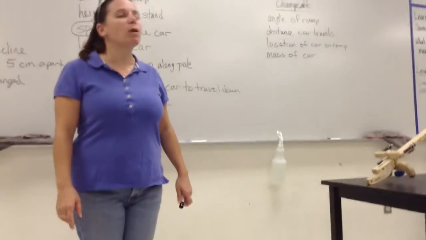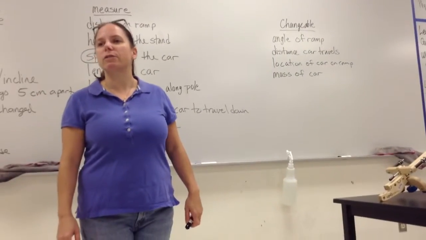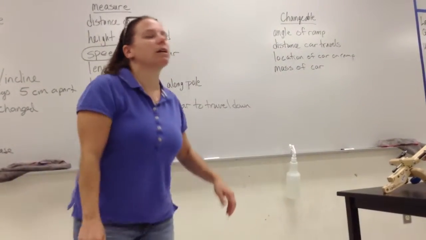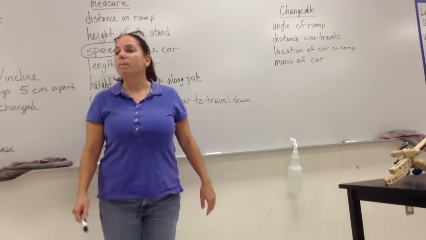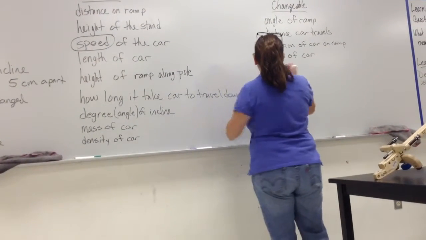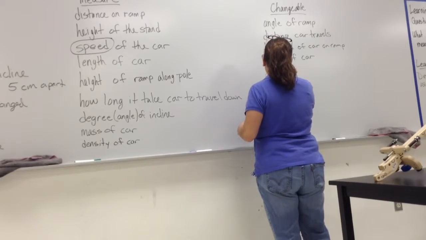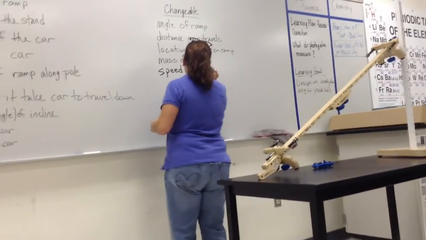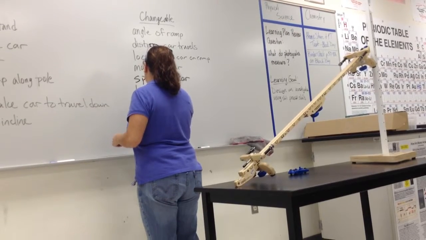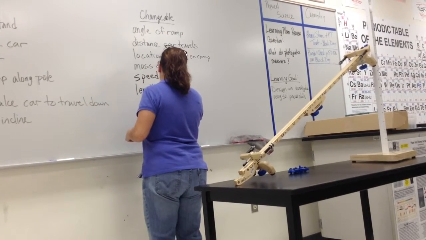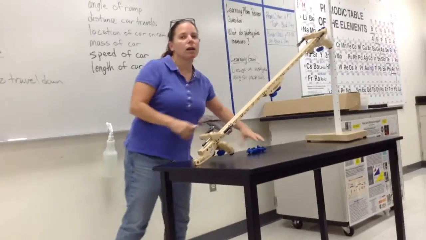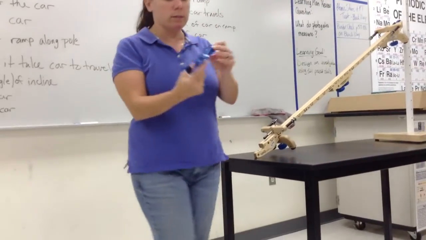All right. More things that we can change. Okay. The speed of the car. How long the car is? Length of car. As long as we're talking about the car, can I show you guys this?